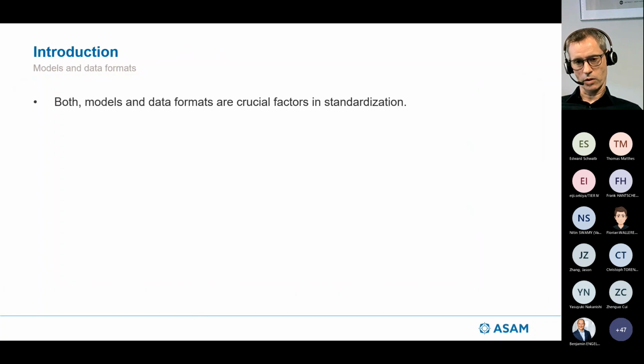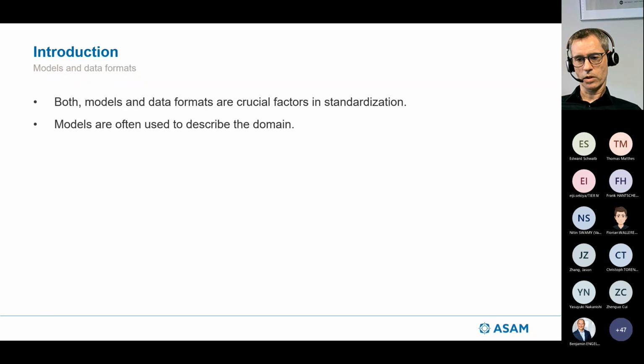This is what I'm going to introduce to you: both models and data formats are crucial factors in our standardization groups. We use models to describe the domain. The domain in a standard is, from my point of view, a specific area of knowledge with the domain expert. And this area of knowledge is about engineering and science.